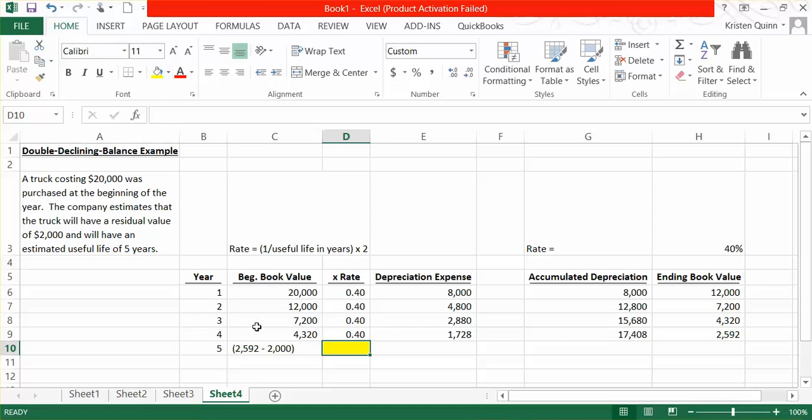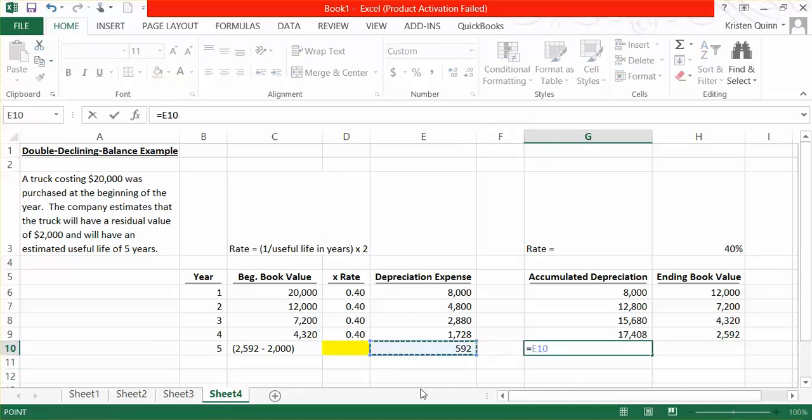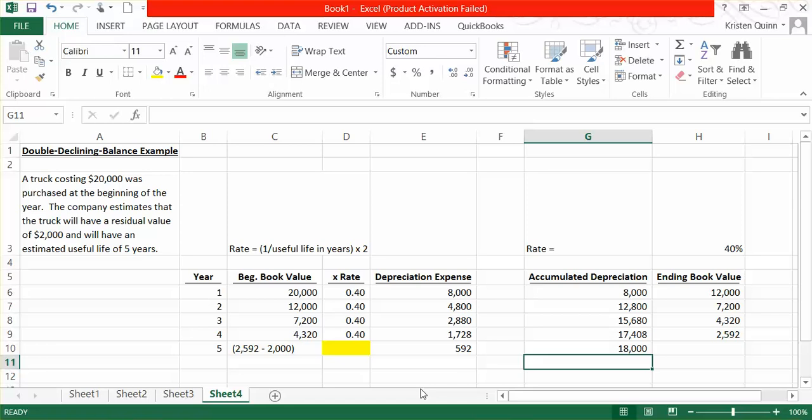We merely subtract the two, the beginning book value minus our residual value, to get to how much depreciation expense we recognize in the final year of the asset's useful life. We add that $592 to the previous accumulated depreciation balance to arrive at our ending accumulated depreciation of $18,000.